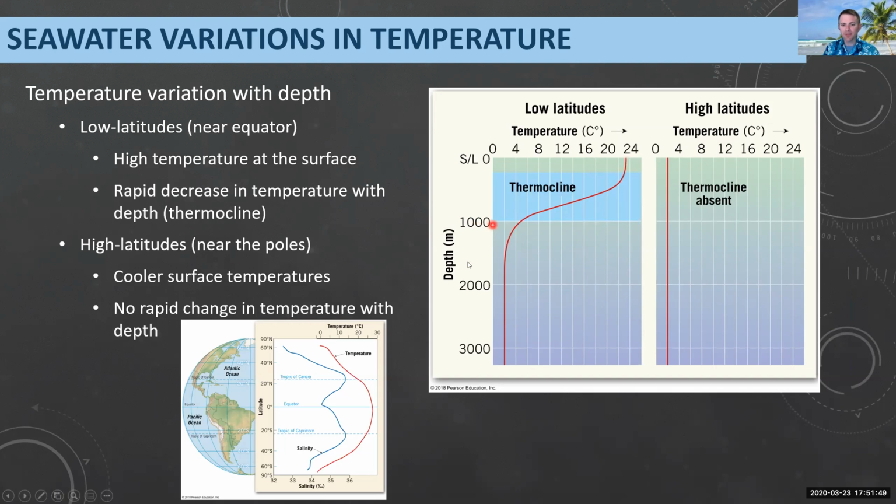This is 1,000 meters, 2,000 meters, 3,000 meters. If you go down about 100, 200, maybe 300 meters or so, the temperature stays fairly consistent. And then you hit the thermocline, a place where that temperature just drops right off a cliff and gets really, really cold.